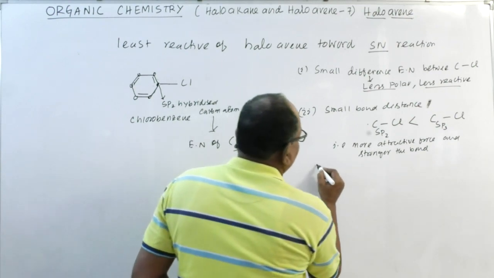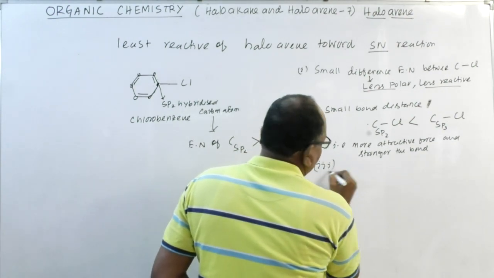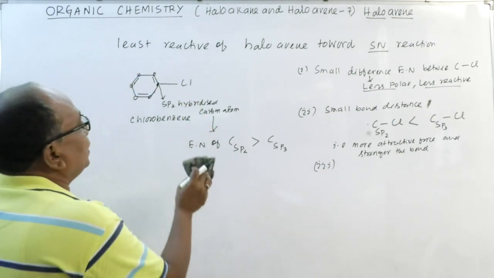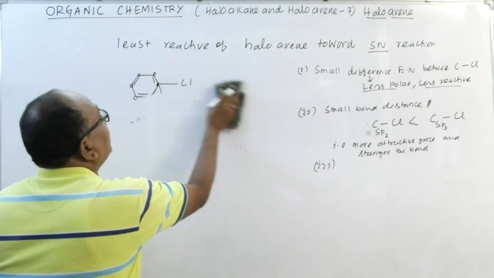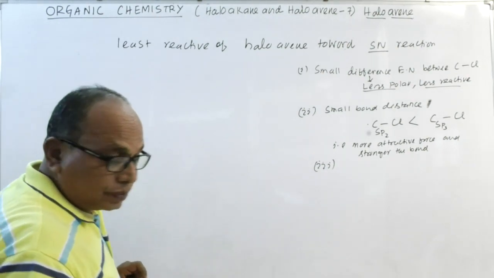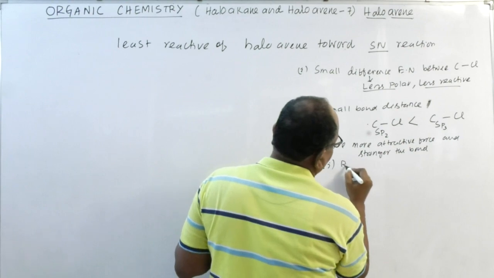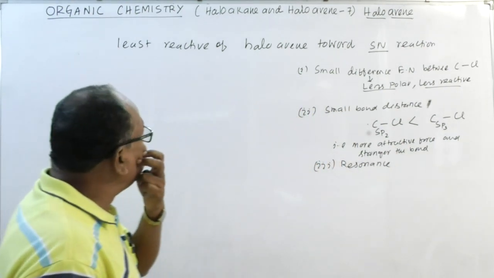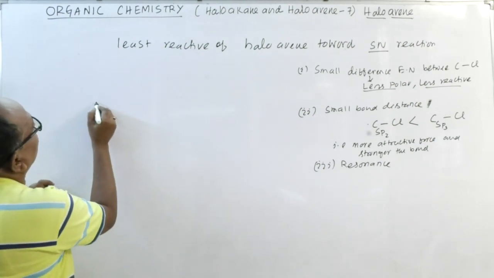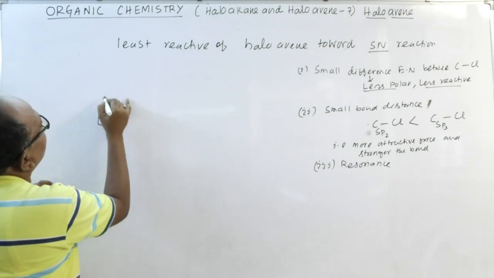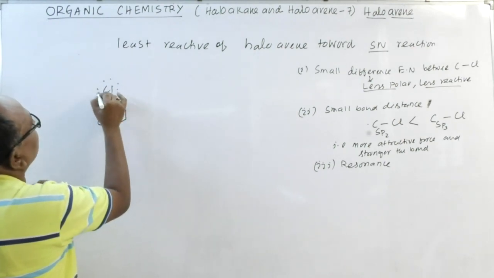Another reason: chlorobenzene can exhibit resonance. If chlorobenzene undergoes resonance, it can form so many resonating structures.